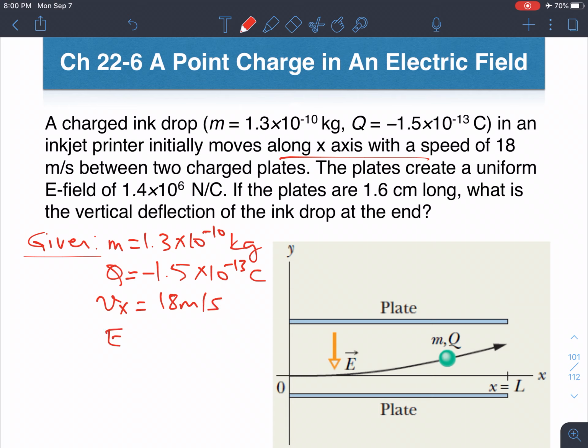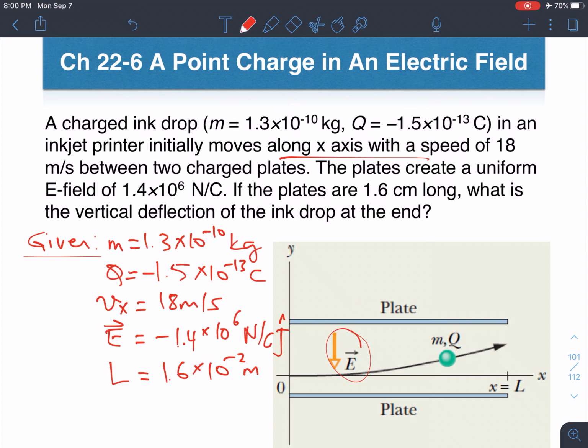And we have the electric field, not just itself, but in vector form, because we see the direction here as well. It's negative 1.4 times 10 to the 6 newtons per coulomb, J hat, because it's downward along the y-axis, and the L, the length, 1.6 times 10 to the negative 2 meters.